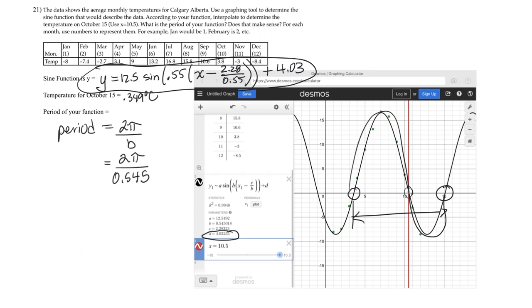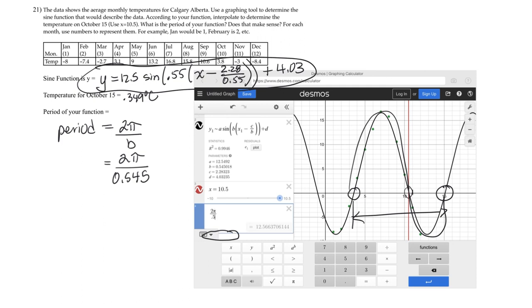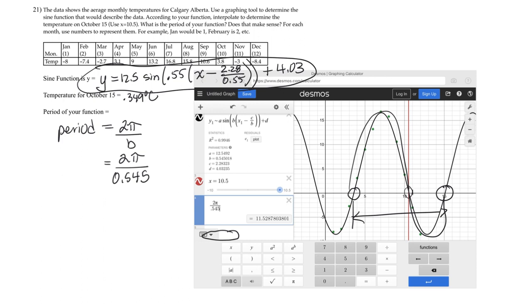There, 2 pi divided by 0.545. So 11.5, and I was calling it 12, just eyeballing it, but that's a bit more accurate. 11.53, call it. Okay, so that's how you could do those questions.